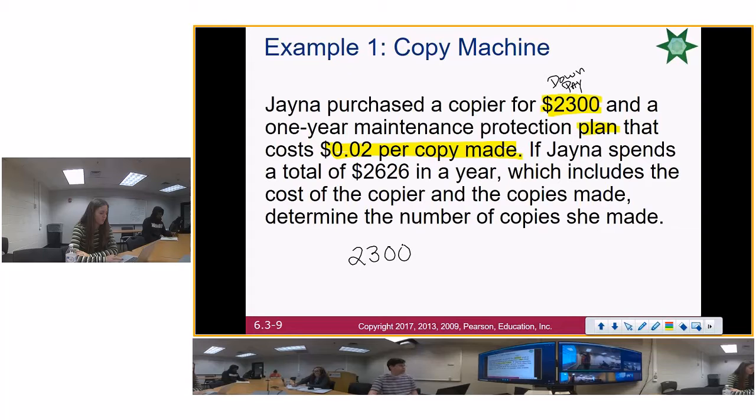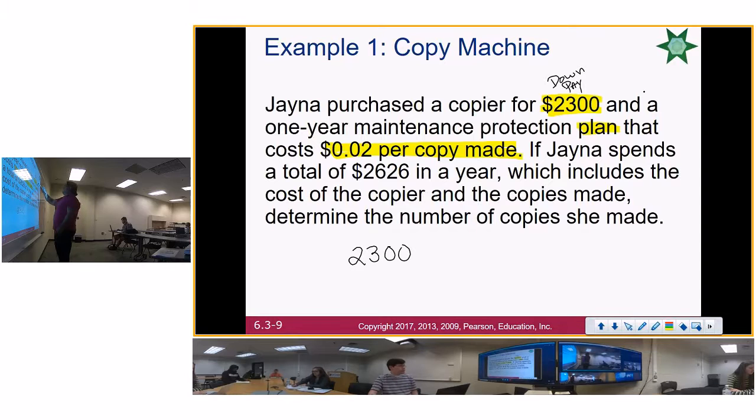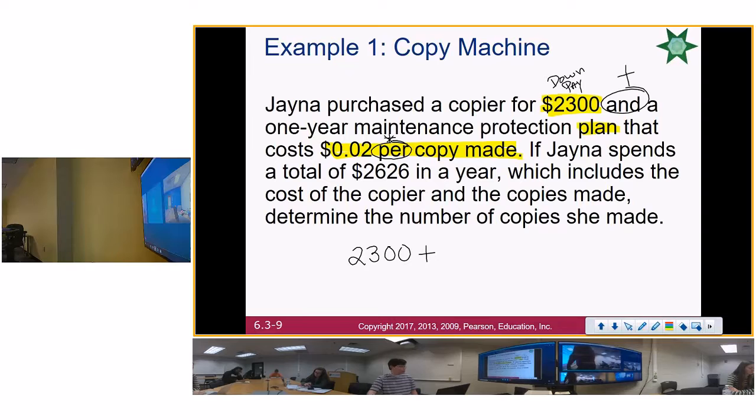And a 1-year maintenance protection plan, and that means plus 2 cents per copy. Per in this context means multiplication, because you're paying 2 cents per copy.